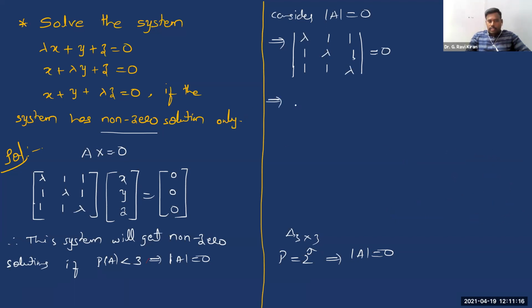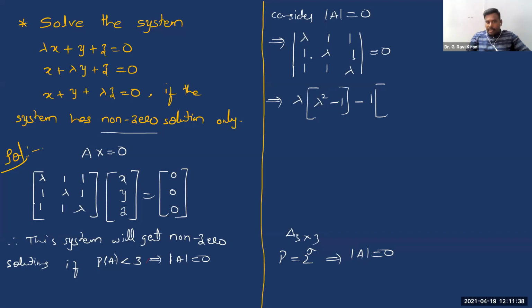It is equal to, first of all, lambda times. What happens to this, you see? You need to now leave the first row and first column. By leaving the first row and first column, we take cross multiplication like this. So it is lambda into lambda, lambda square minus 1. Next, minus. Now we take the second element as 1 into, now we need to leave the first row and second column.